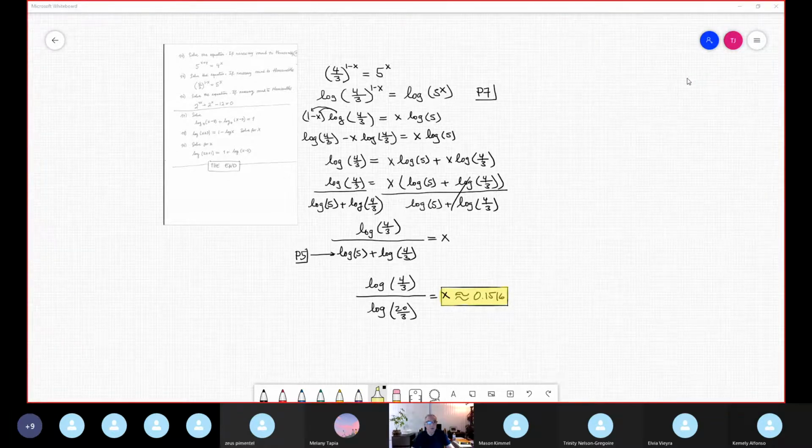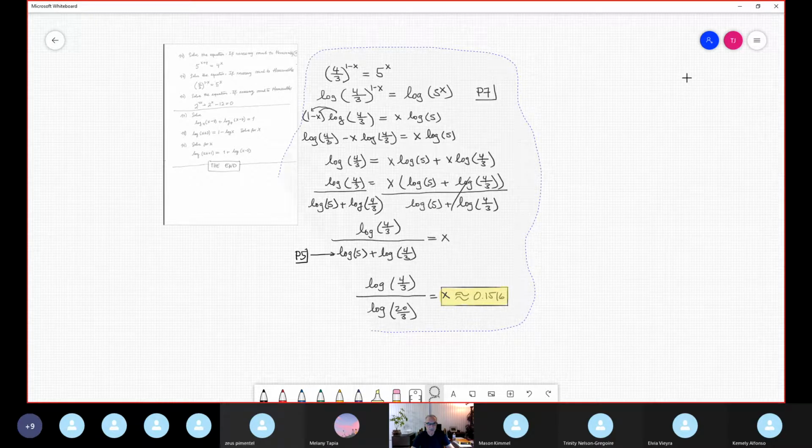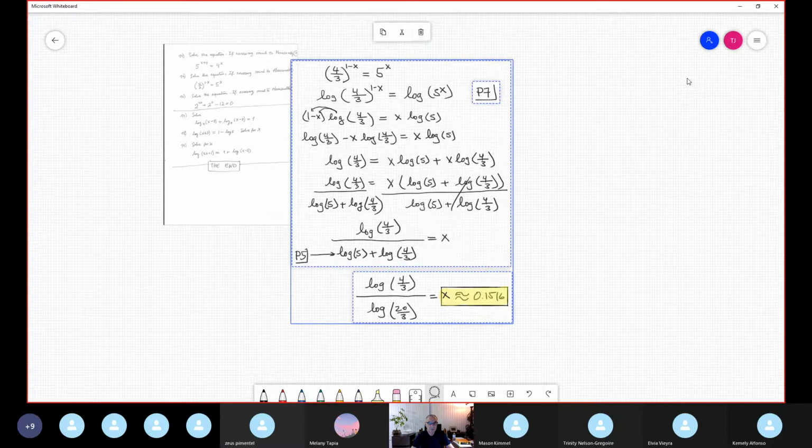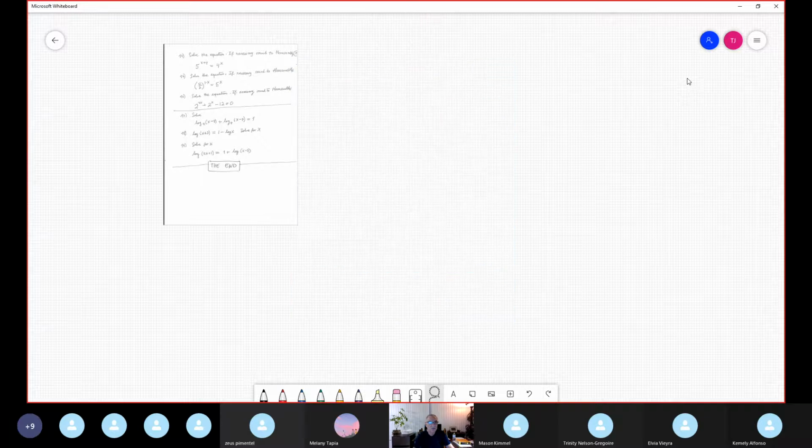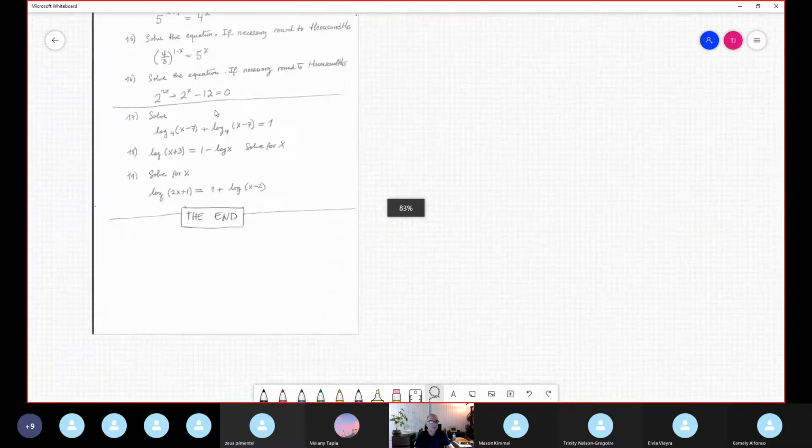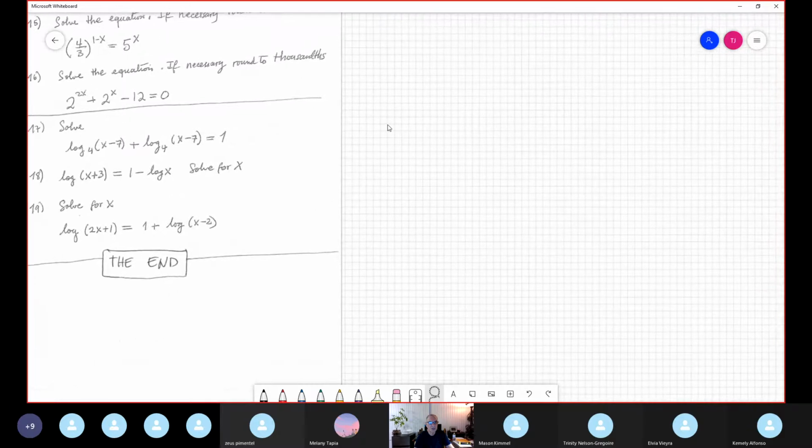Okay, let's move on to question 16, I guess so, 16. Okay, 16 is a little bit more complicated because it's 2 raised to the 2x plus 2 raised to the x minus 12 equal to 0.